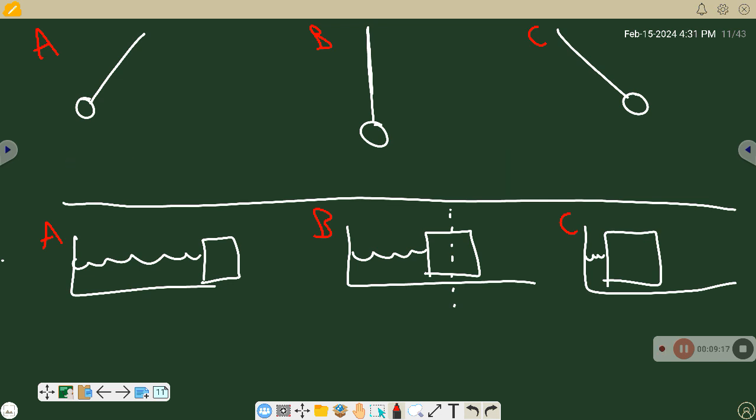Then on this bottom set of pictures, we have a block attached to a spring attached to a wall on a frictionless surface. Here at point A, the spring has been extended with the block attached. It is then released.